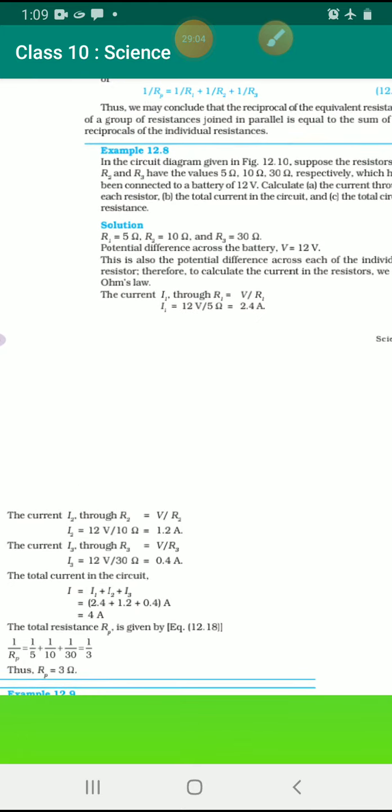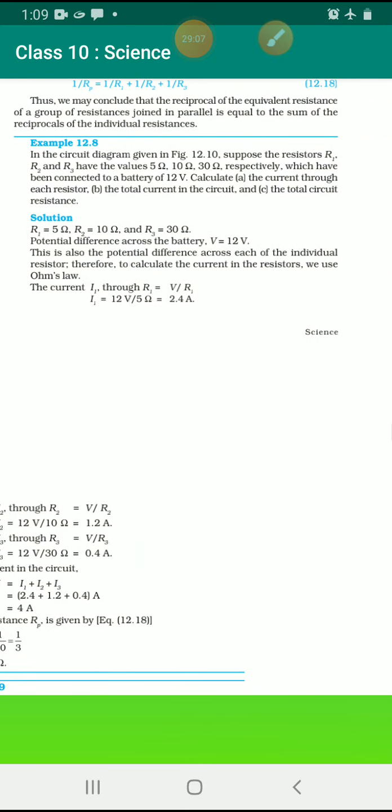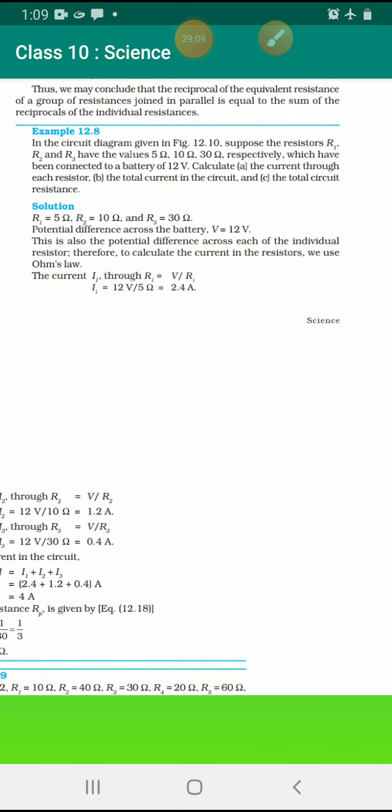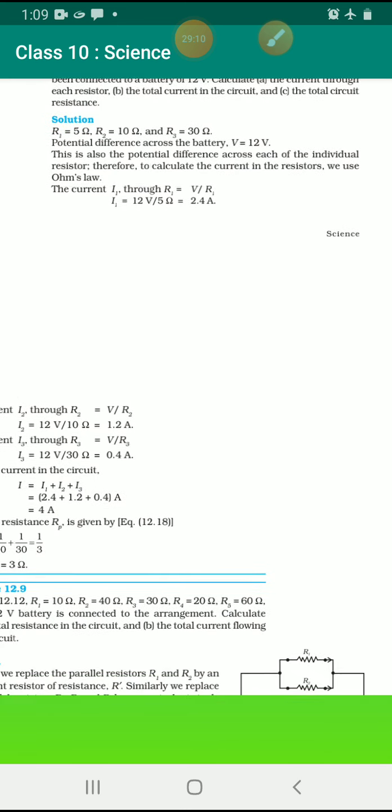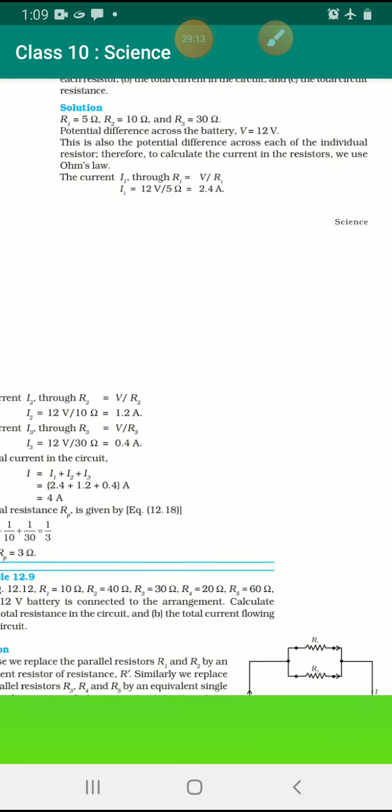Okay, in the circuit, look here, 5 ohm, 10 ohm, 30 ohm. So solution: R1 is 5 ohm, R2 is 10 ohm, and R3 is 30 ohm. The potential difference, we know, V is 12 volt, is given. This is also the potential difference across the individual resistor.